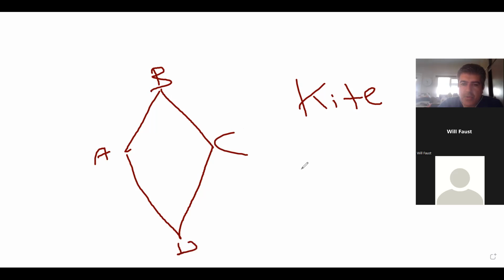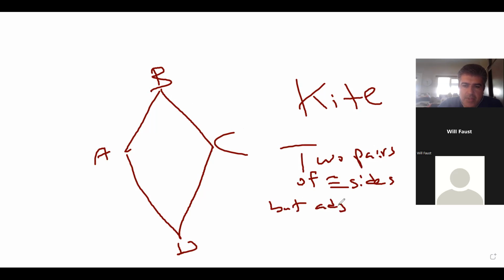In this case, we can have two pairs of congruent sides, but the adjacent sides are congruent. So in this case, AB and BC are the same. AD and CD are the same, not opposite sides. That would be a parallelogram. So it's the adjacent sides.